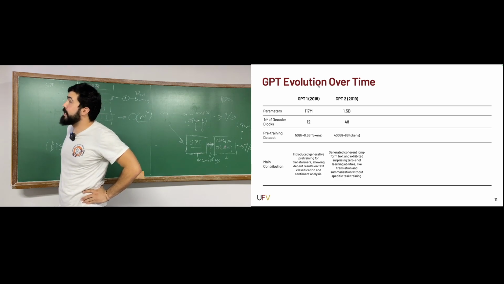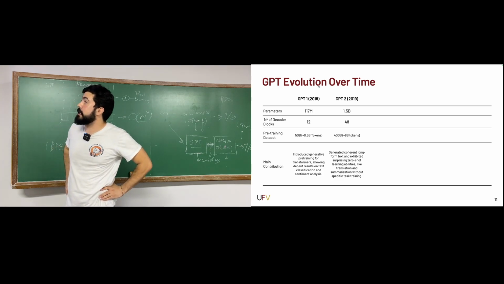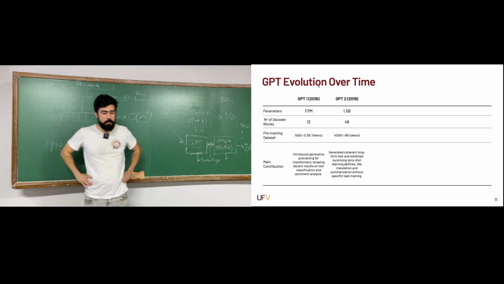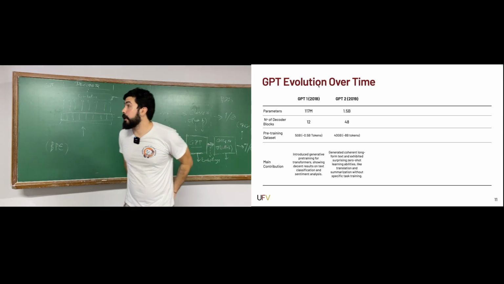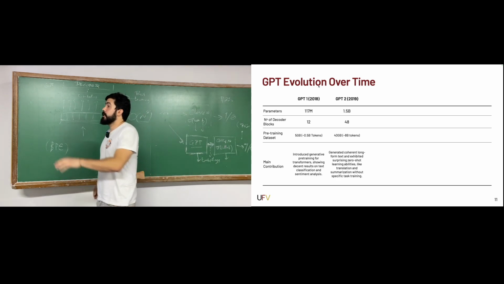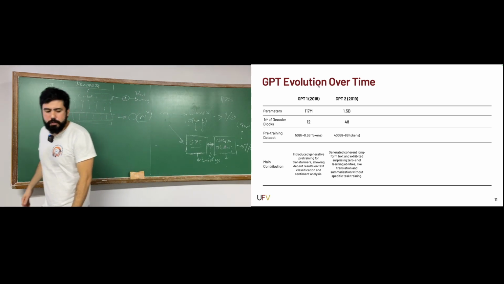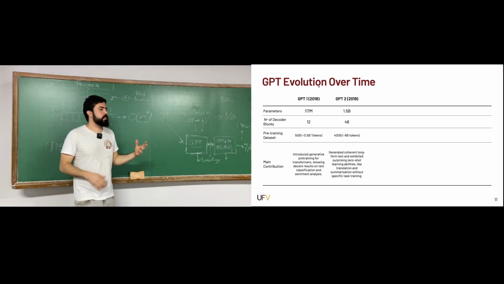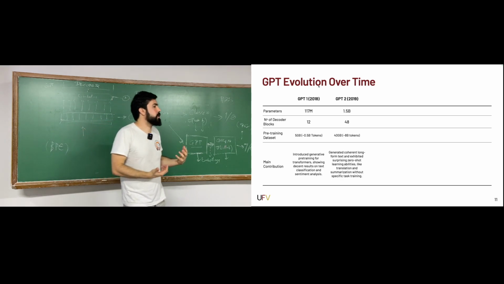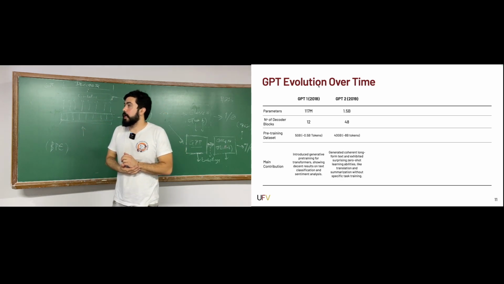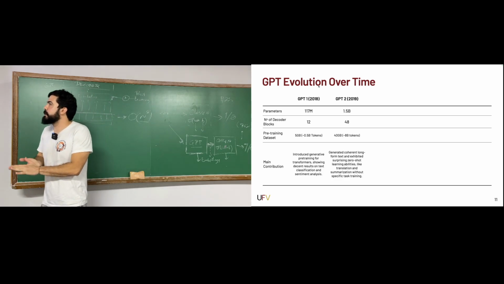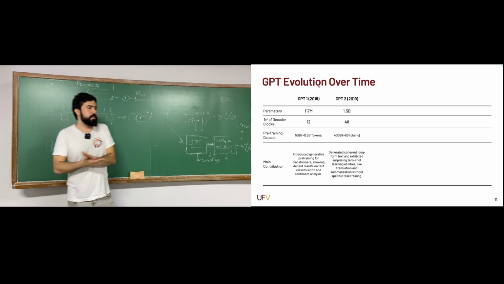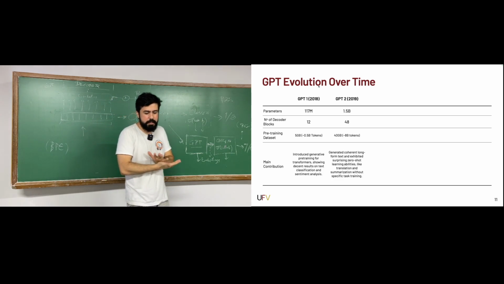And it was trained on a much larger data set, now 40 gigabytes, because the model is bigger. And here, this model really started to surprise people in terms of text generation. I remember in 2019, GPT-2 was the moment we thought, well, this is actually getting surprisingly good.